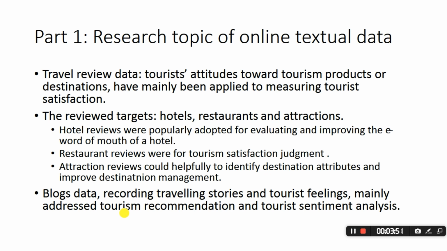In this way, hotel reviews were popularly adopted for evaluating and improving the word of mouth of a hotel. Restaurant reviews were used for tourism satisfaction judgment. Destination attraction reviews could help to identify destination attributes and improve destination management.